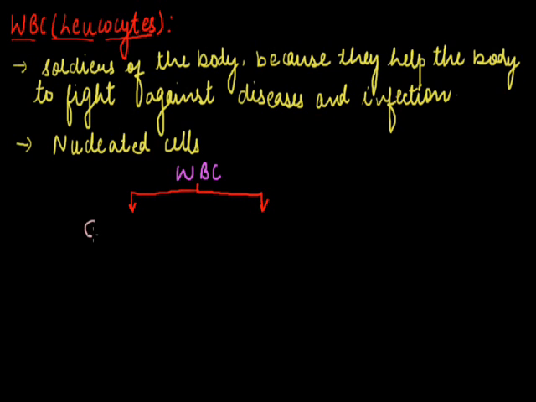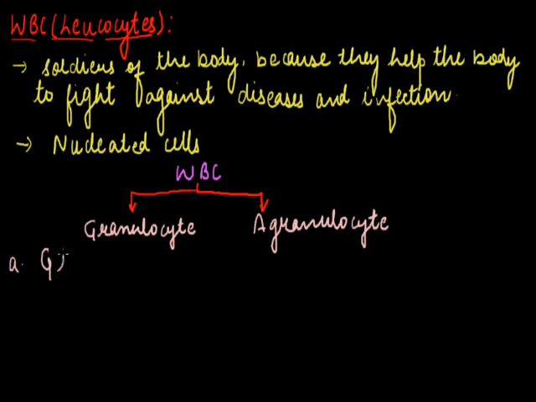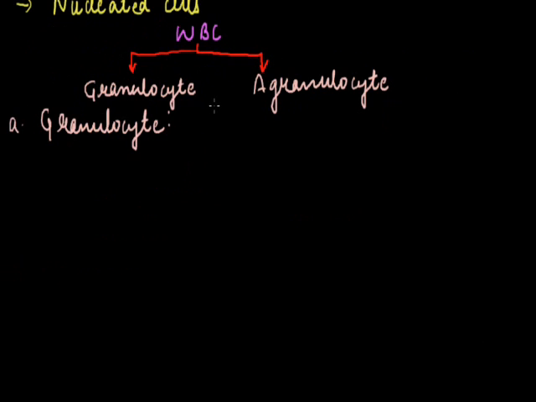The first type is called granulocyte and the other type is called agranulocyte. Firstly, we'll discuss granulocyte.